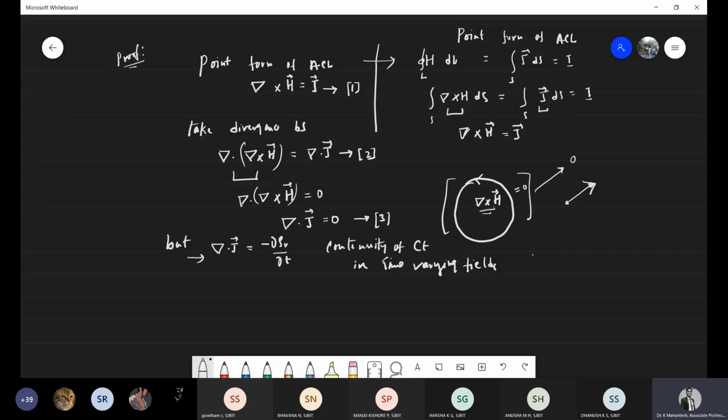Again, I will take an analogy here. If you have a balloon filled with water, I will call this rho v, the volume charge density, or volume of water inside the balloon.